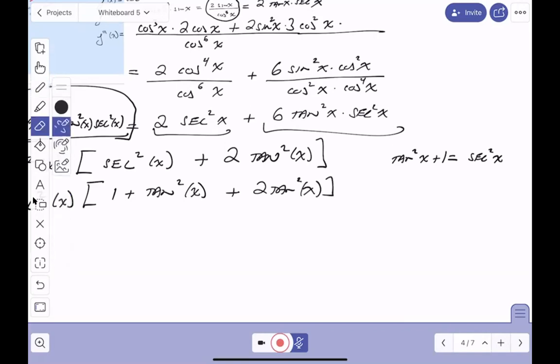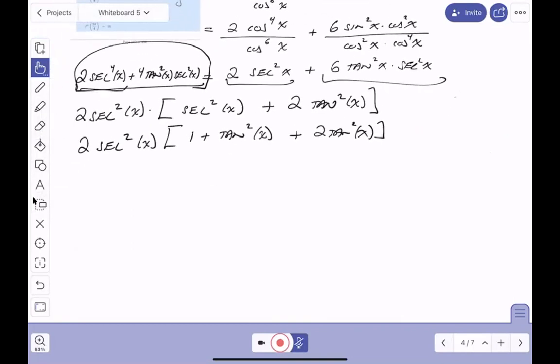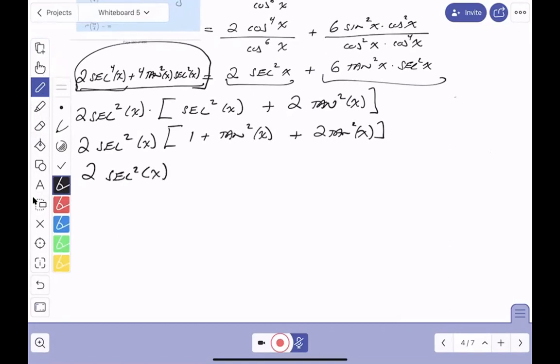I'll erase the Pythagorean identity that I used before. I don't need it anymore. And I'm looking at this thing and wondering, can I go further? I'm not there yet. So you can get 2, and this would be 1 plus 3 tangent squared x.